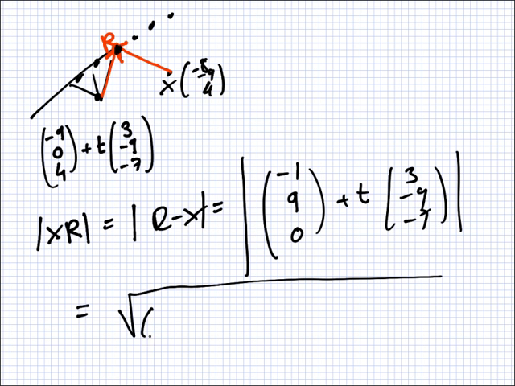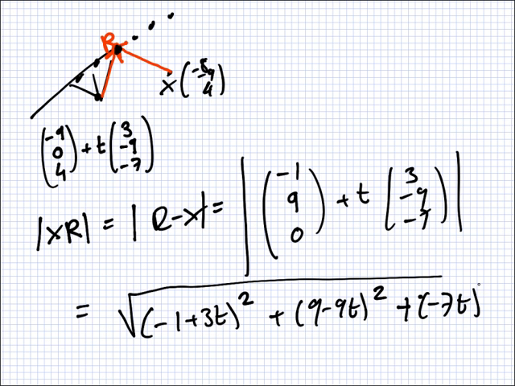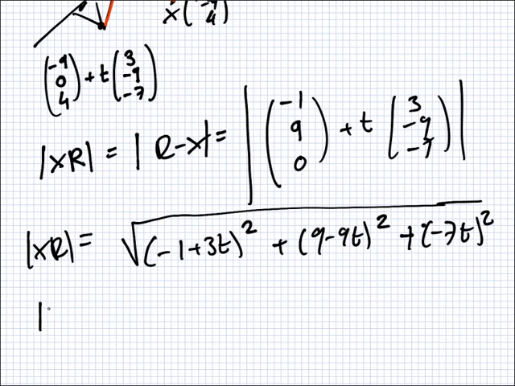So this is the square root of minus 1 plus 3t squared, plus 9 minus 9t squared, plus minus 7t squared. That's the distance. So the distance squared will be this.